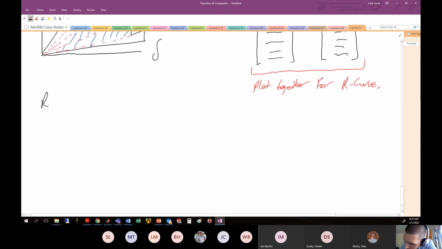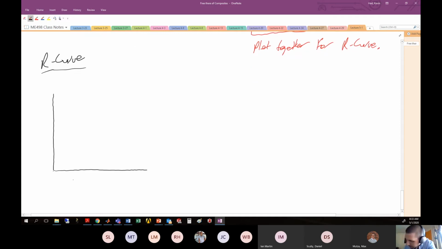So this is your R curve, and it's going to look something like this. Here we have crack length on the x-axis, so this might be a_i. And here we have the critical strain energy release rate, which we just call G_C.